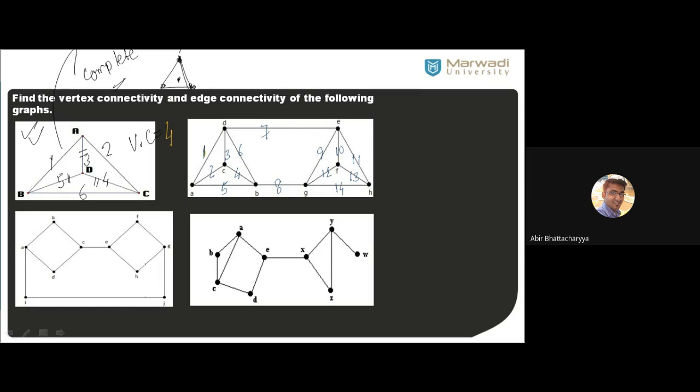All of you think and write with justification. All of you have to draw the disconnected graph as well.